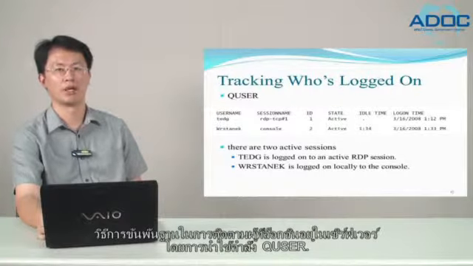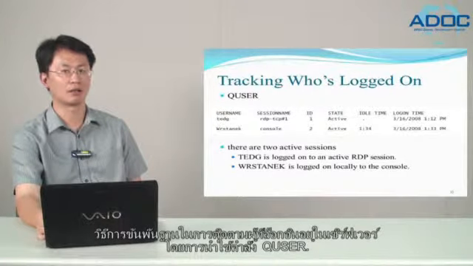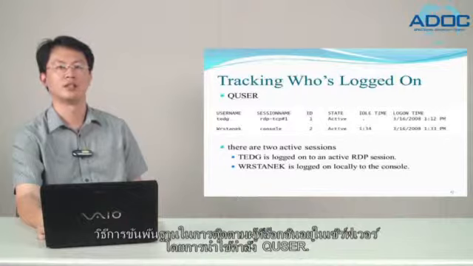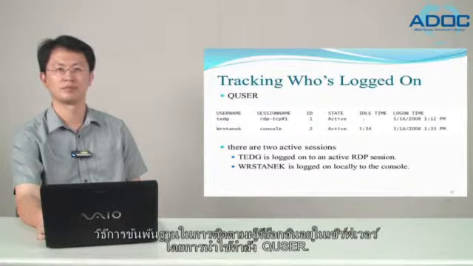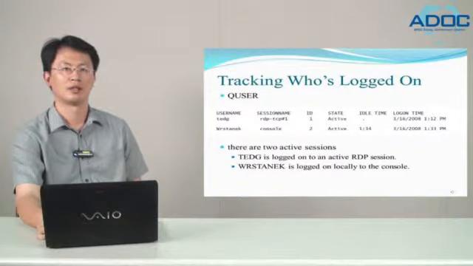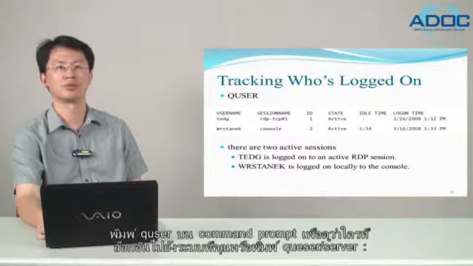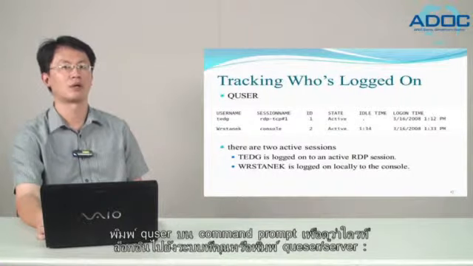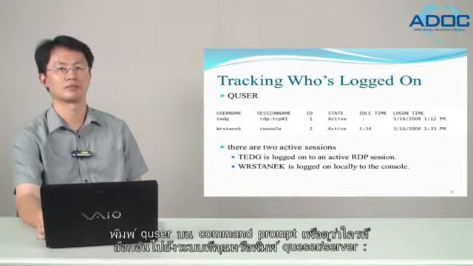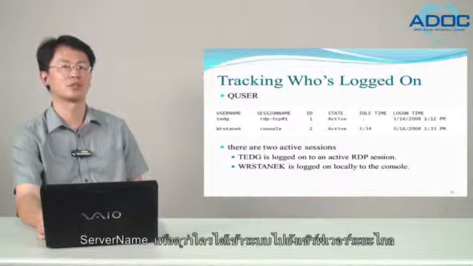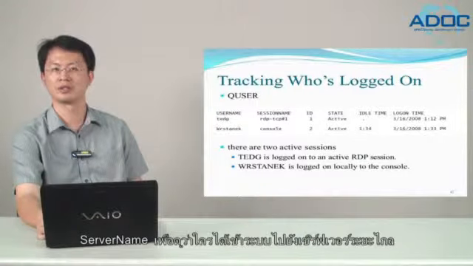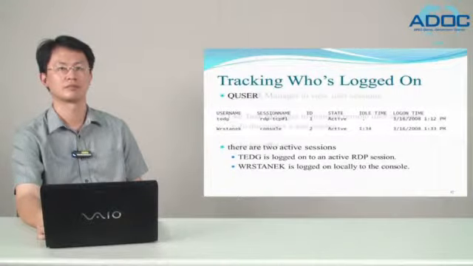A more basic way to keep track of who is logged on to a server is to use the QUSER command. Type quser to see who is logged on to the system on which you are running the command prompt. Or type quser /server:servername to see who is logged on to a remote server.